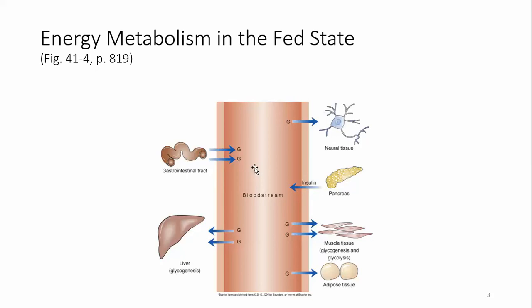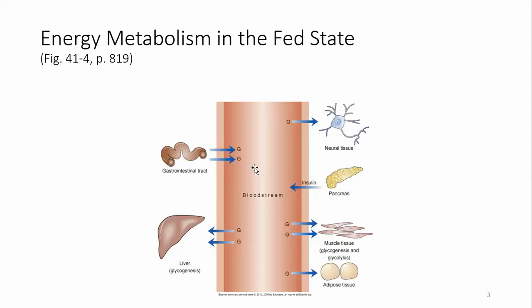Glucose doesn't need insulin to enter neural tissue. Neurons burn glucose as their primary fuel. Because glucose is oxidized into carbon dioxide and water, there's no waste products from it that are harmful to the neurons. So neurons use glucose.